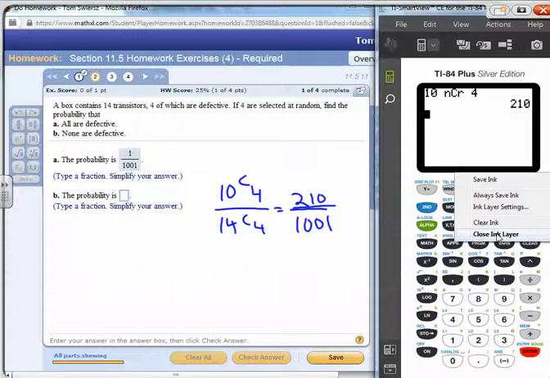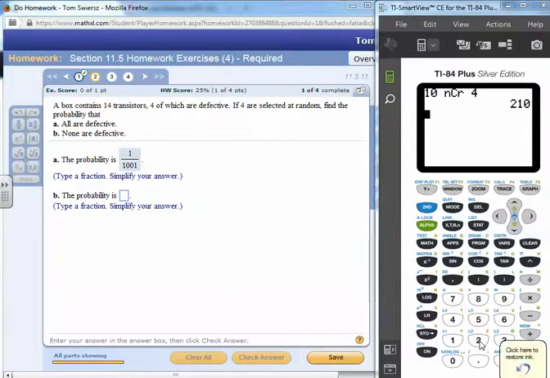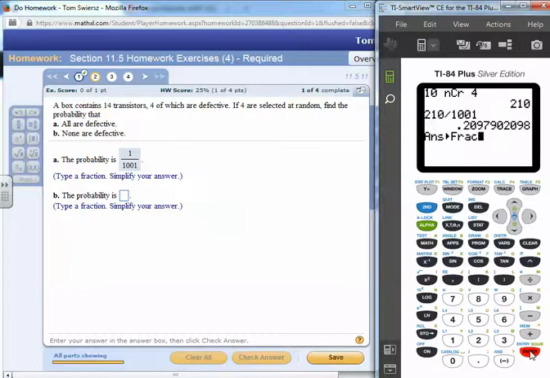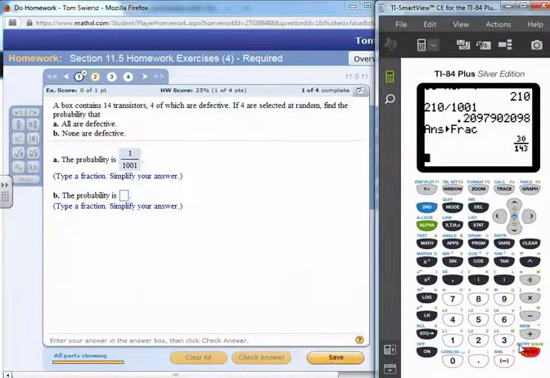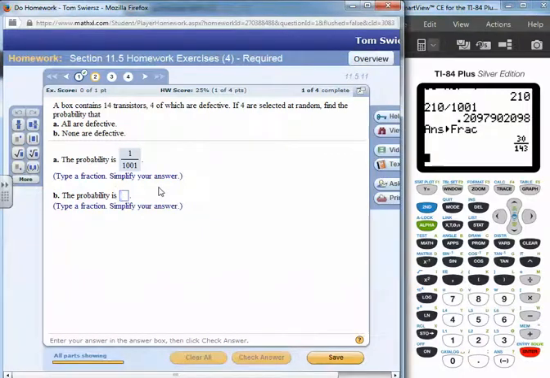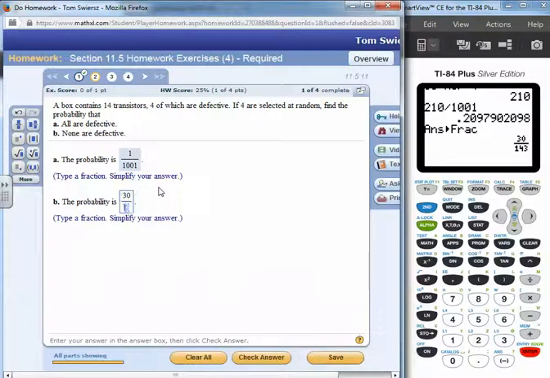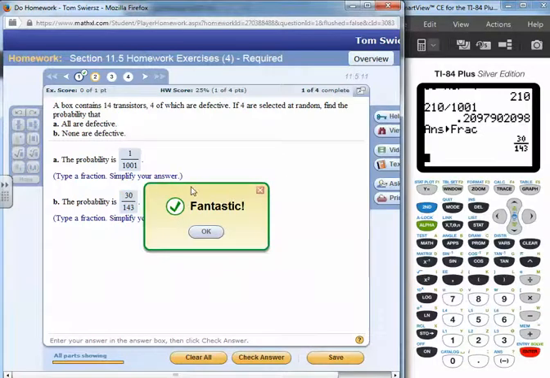So let's do that on our calculator. 210 divided by 1,001, and then math, fraction. Oh, it does reduce. 7 goes into both. So it does reduce: 30 over 143. So be careful, check your answers with respect to your numbers. It may also reduce.